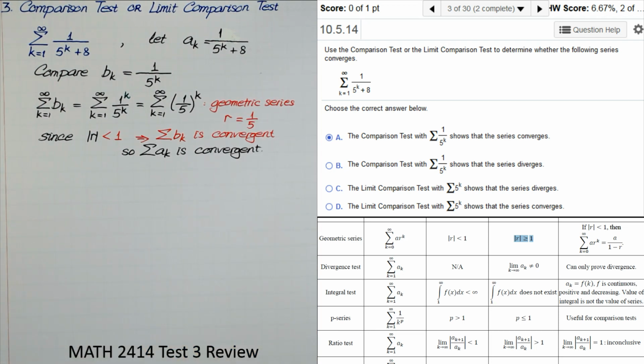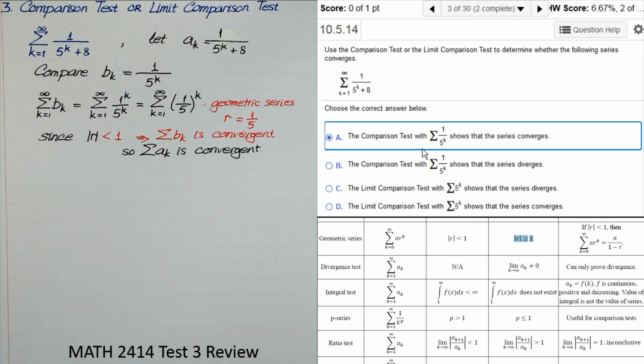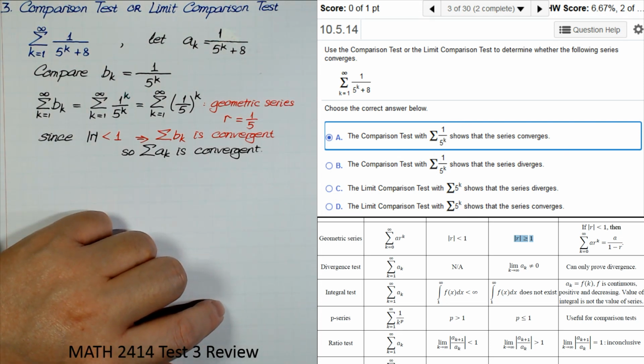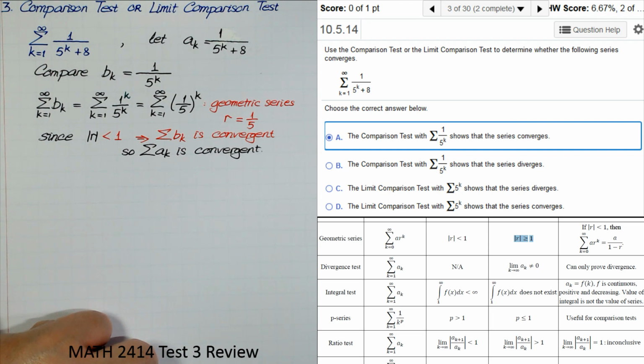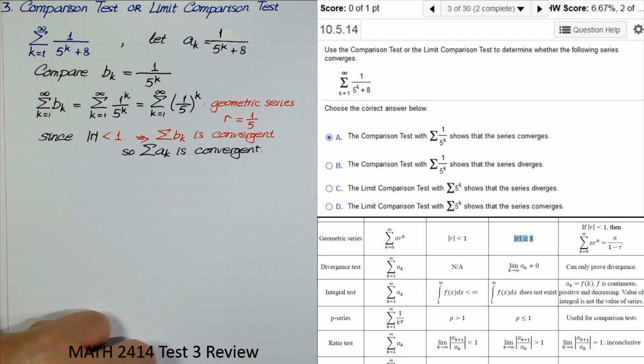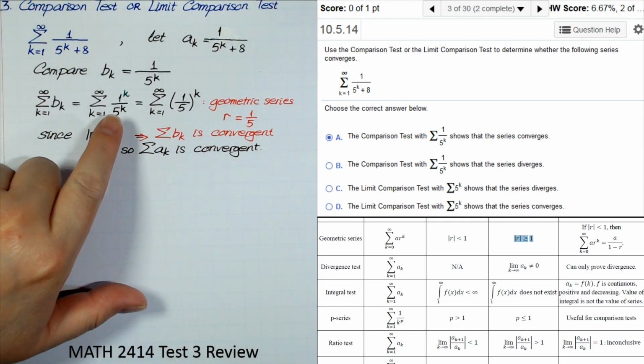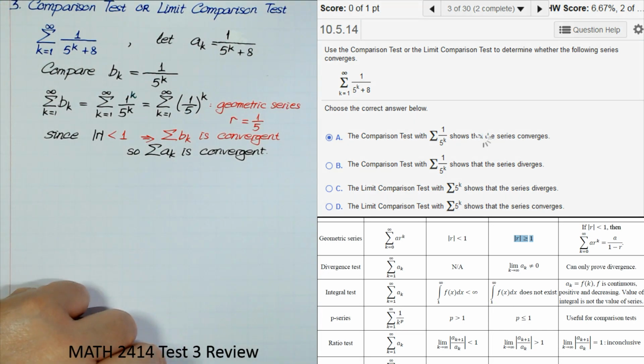Right, so it's good. So here we can choose limit comparison test. We don't have any option. So we can only compare to that, and it shows that it converges. So it's still A. Sorry. Yeah. So either limit comparison test or comparison test, we compare to this geometric series and it's convergent.